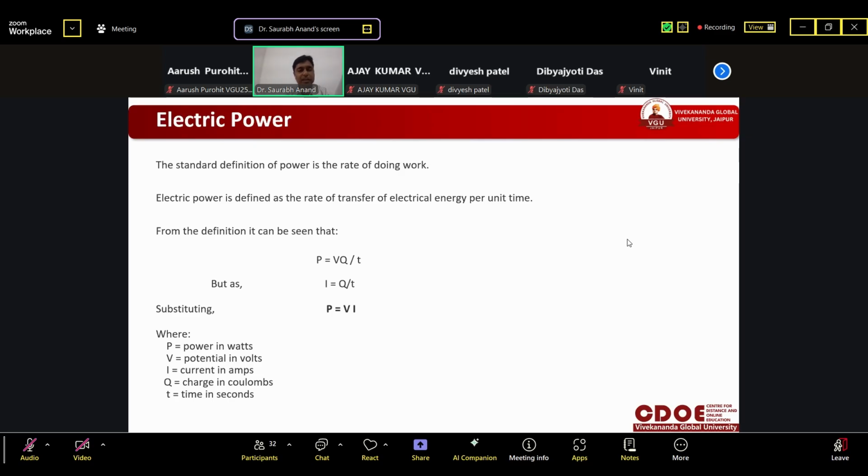Why per unit time? Because if we put the time as 1 second, then whatever the value of electrical energy transferred is the value of power. So whenever you write the definition, we write per unit time. Unit time is 1 second. How can we know that?